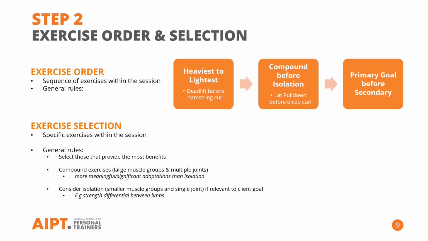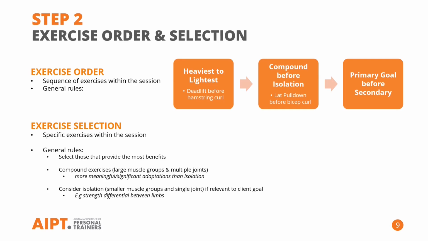So with compound versus isolation, we just talked about this before. To expand on that, compound exercises are those that involve large muscle groups and have multiple moving joints in the exercise. And these are more meaningful than isolation movements because we can promote more significant adaptations than isolation exercises can achieve.